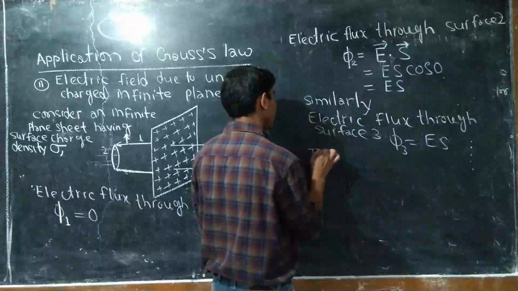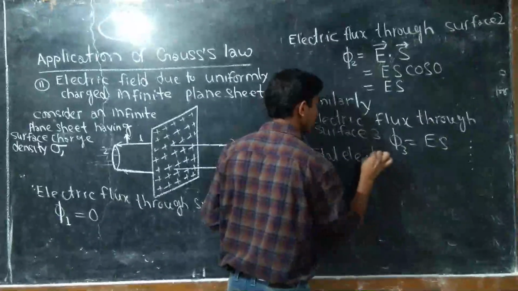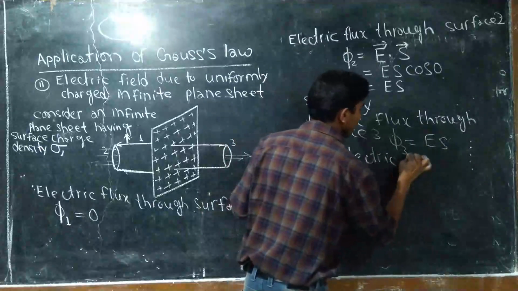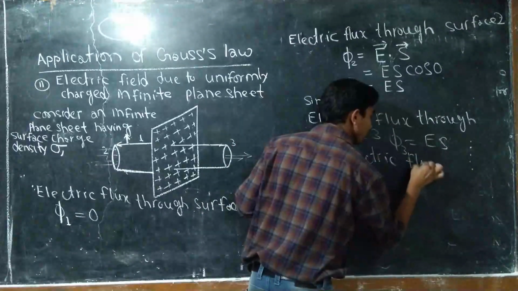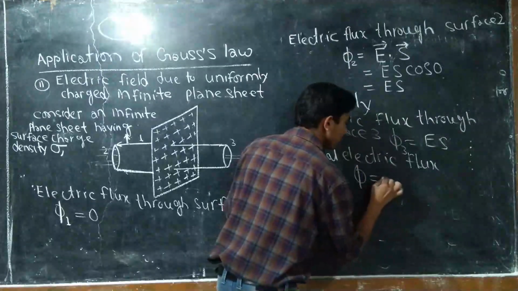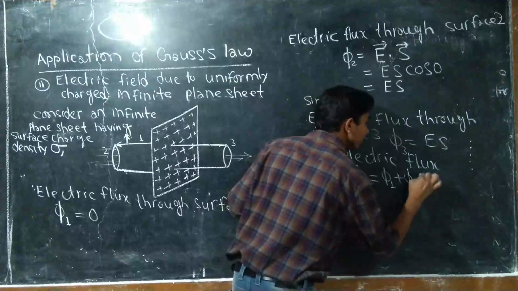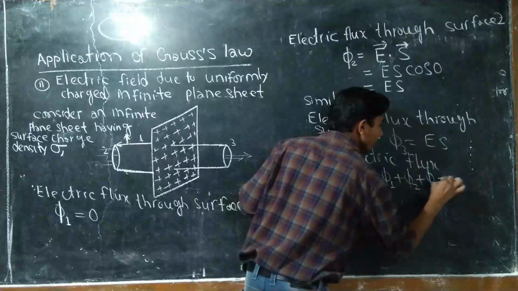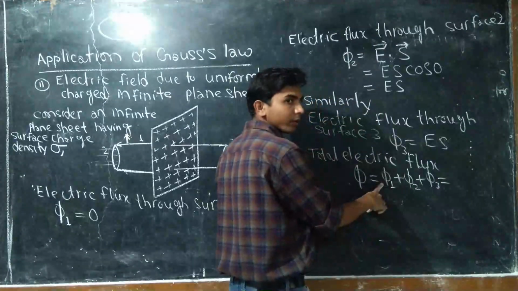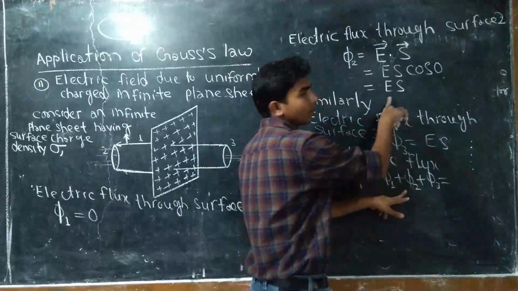Now again we have to find the total flux. So the total electric flux phi is equal to phi 1 plus phi 2 plus phi 3. Phi 1 is 0, and phi 2 is ES.